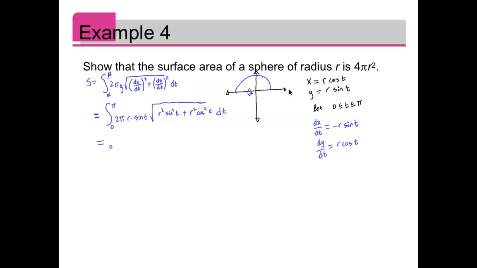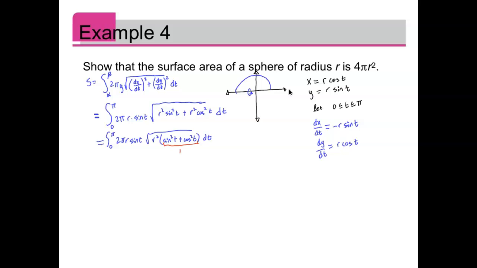Let's simplify. All right, integral 0 to pi, 2 pi r sine t. You can factor out an r squared. Then you're left with sine squared plus cosine squared. Again, we know that just reduces to 1.